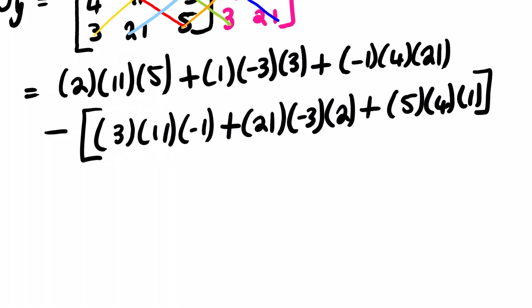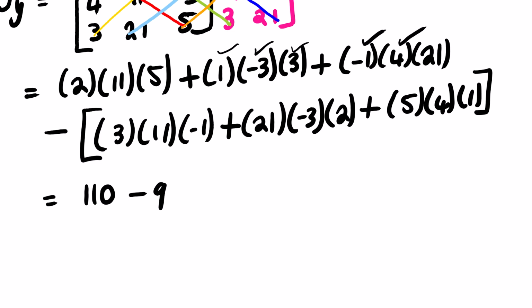From here we solve. Two multiplied by 11 multiplied by 5, the answer is 110. 1 multiplied by negative 3 multiplied by 3, it's a negative 9.